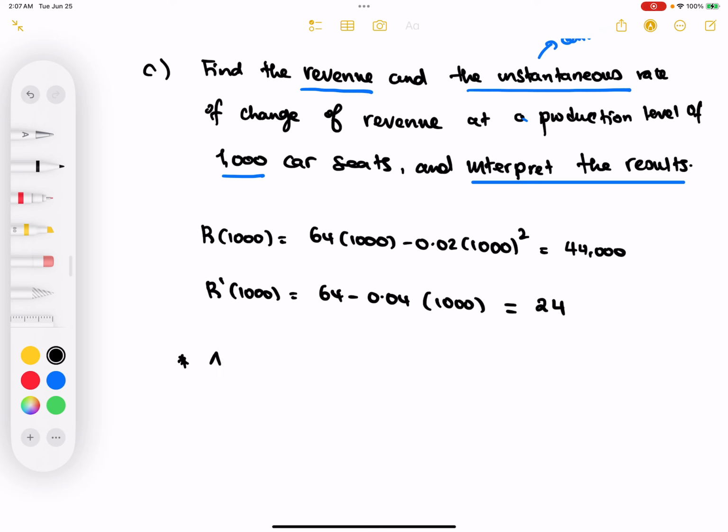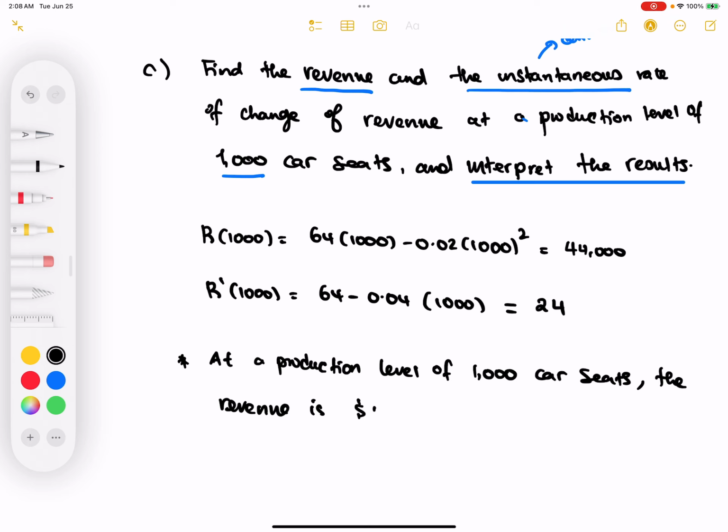That means at a production level of 1,000, right? 1,000 car seats, the revenue is $44,000 and is, this is positive and increasing.